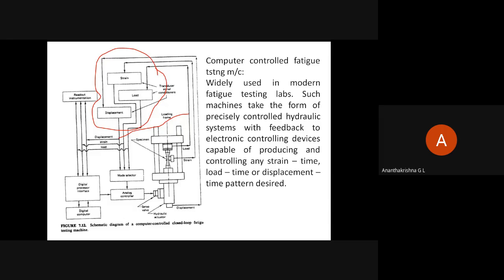Then from strain you can directly bring it down, and displacement you can also bring it. So you can avoid these lines and this extra circuit that he has shown. Is that okay? Yes, sir.